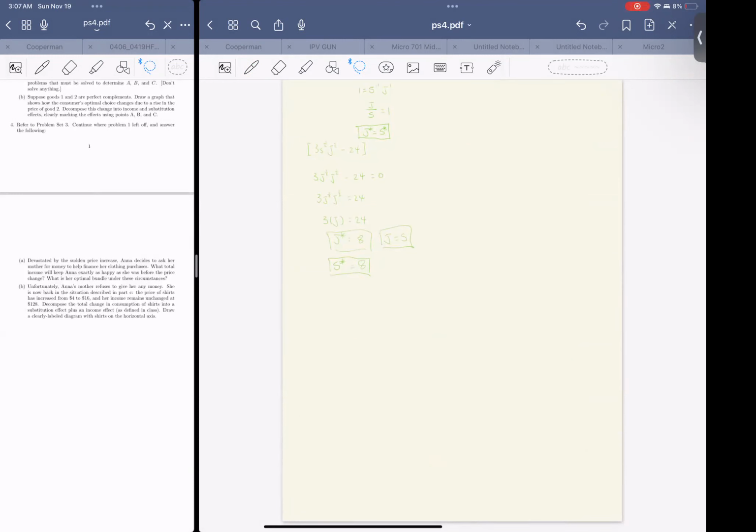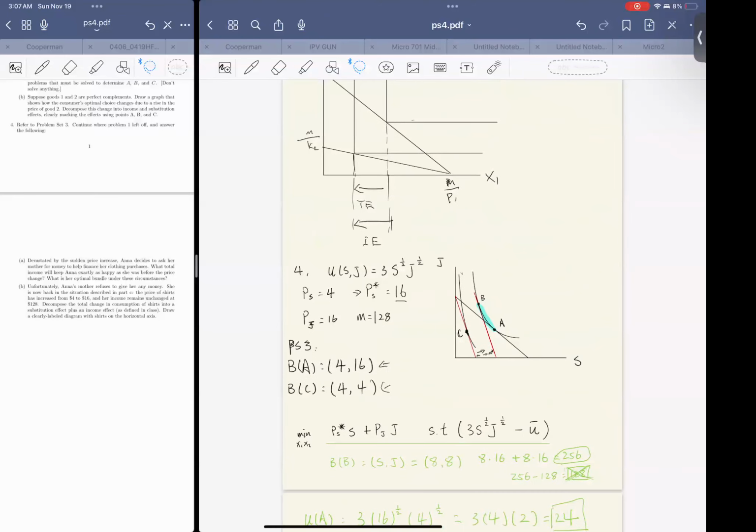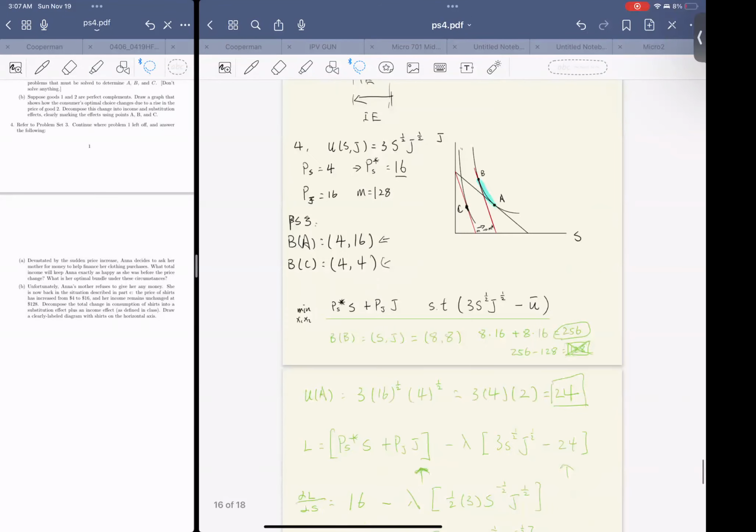She is now back in the situation described in part C. The price of shirt has increased from 4 to 16, and her income remains unchanged at 128. Decompose the total change in consumption of shirt into substitution effects plus income effects, as defined in class. Draw a clearly labeled diagram with shirt on the horizontal axis. I think I just did.